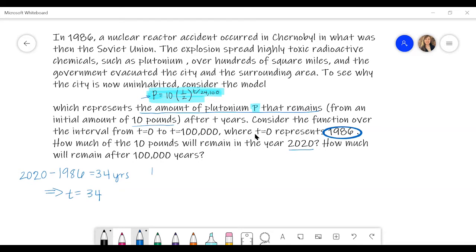So the first thing that we're going to do, I'm going to tie this with my 2020 right here. We want to find P when T is equal to 34. So P equals 10 times 1/2 to the 34 over 24,100. Again, just like the last one, you could write that as P of T. Sometimes that helps just in distinguishing what piece you're working on. It's just the function notation.